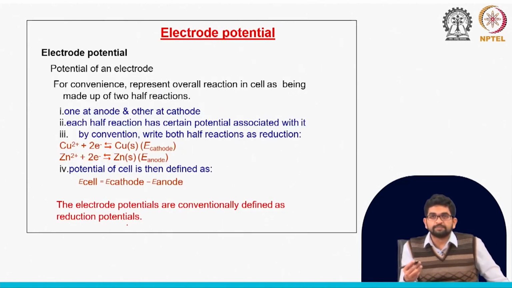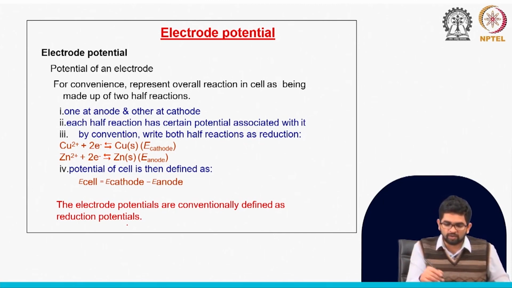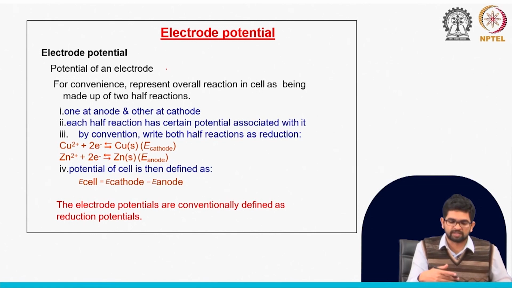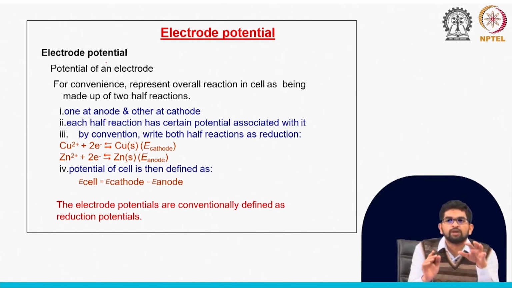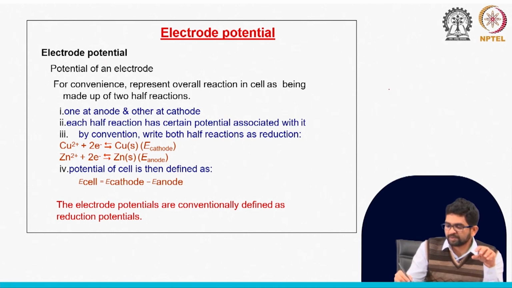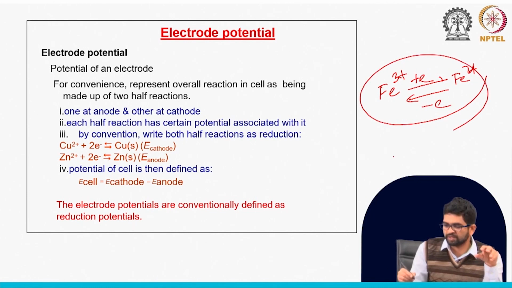Now before covering the Nernst equation, please try to cover these slides also, that is the electrode potential, right. So what is the electrode potential? Suppose some reaction happens, Fe3 plus can take one electron to become Fe2 plus, or Fe2 plus can release one electron to become Fe3 plus.